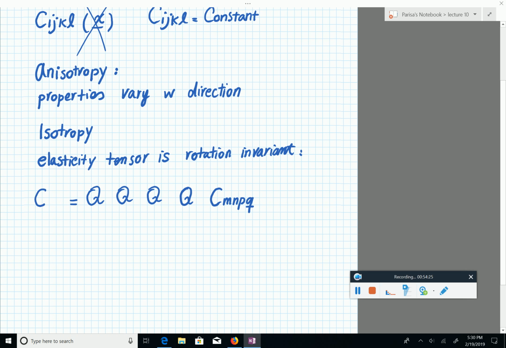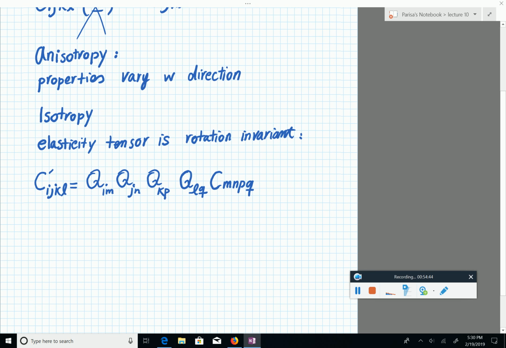I'm going to get another tensor. I called that prime before, right? Prime, IJKL. Remember this? I hope you remember. I feel like whatever you have done on your own, you remember. This is kind of my hypothesis. I think this is the case.